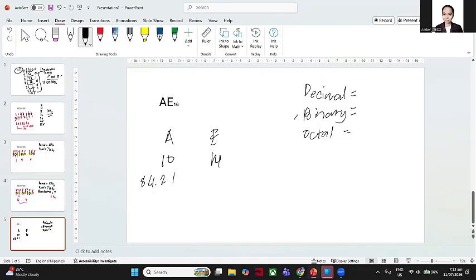Is it 8 plus 4? 8 plus 4, we're going to add to 10. 8, 9, 10, 11, 12. No, because the answer to this is 12.